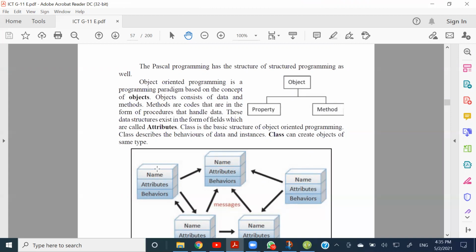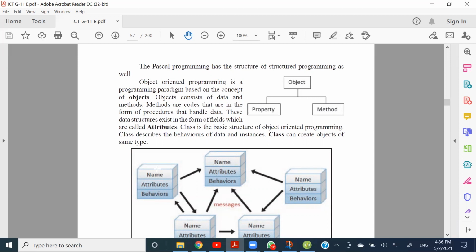Then the methods: what are the things that they can do? A student can run, walk, jump, learn. Those are the methods.